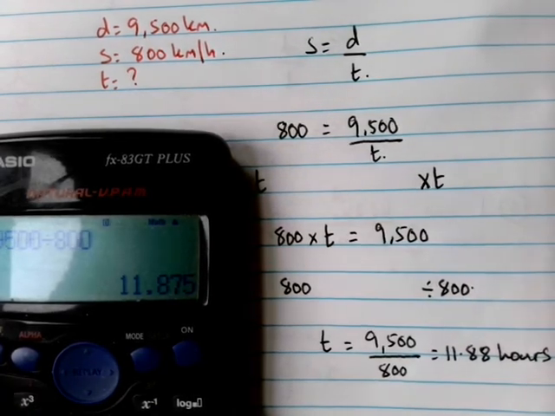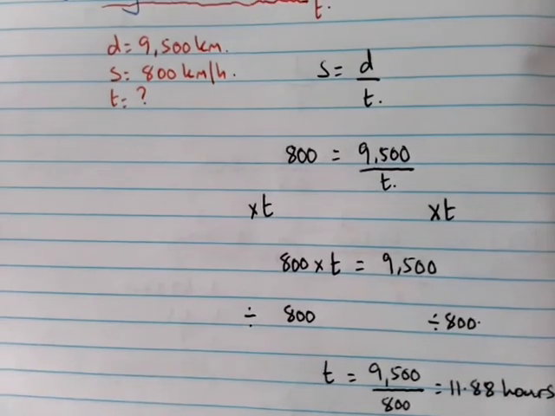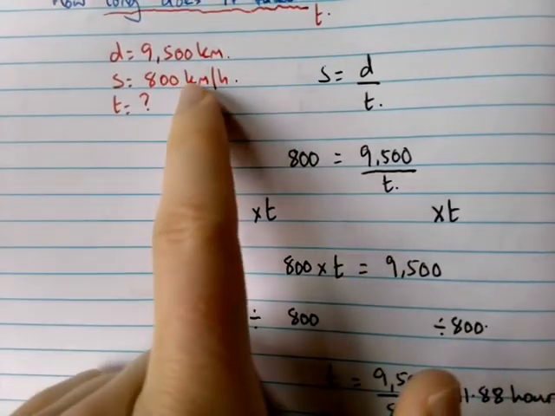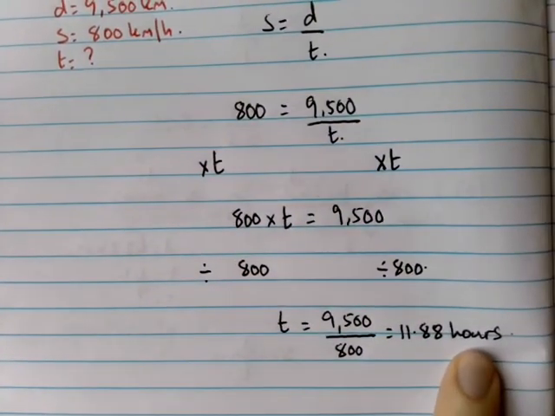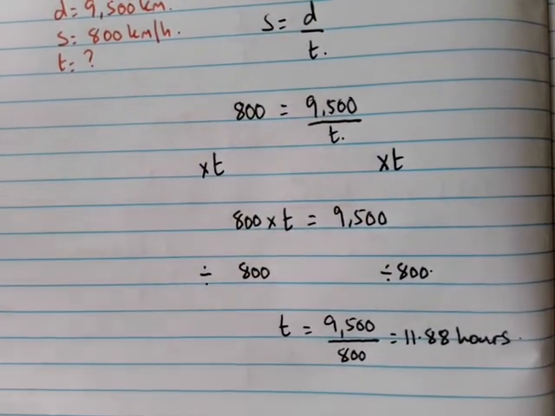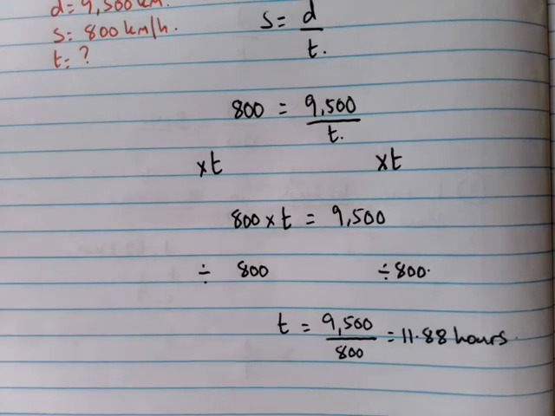Because, remember, if my distance is in kilometers and my speed is in kilometers per hour, that means my time must be in hours.